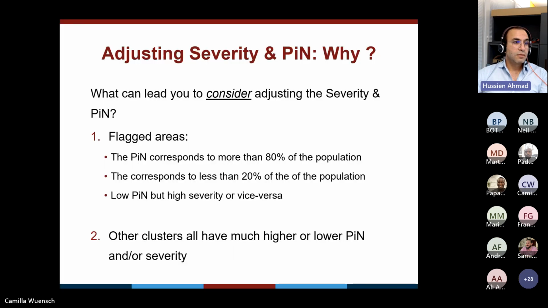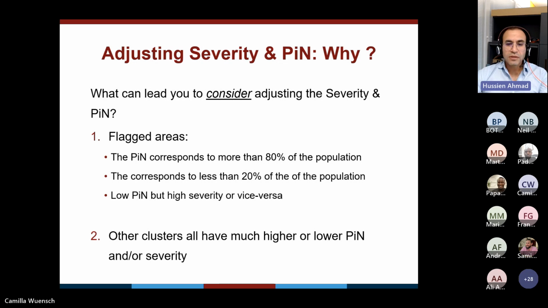We have developed a flagging system that can be adjusted. Currently, we have 4 flags highlighting where we have high PIN, which corresponds to more than 80% of the population in a specific admin area. When we have low PIN, corresponding to lower than 20% of the population in a specific area.